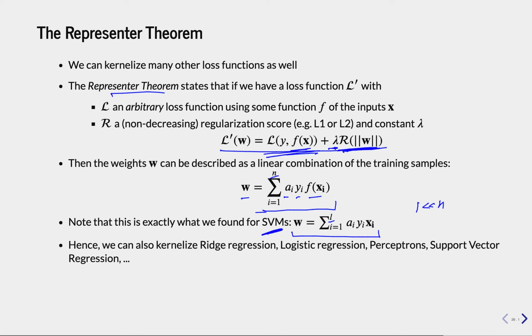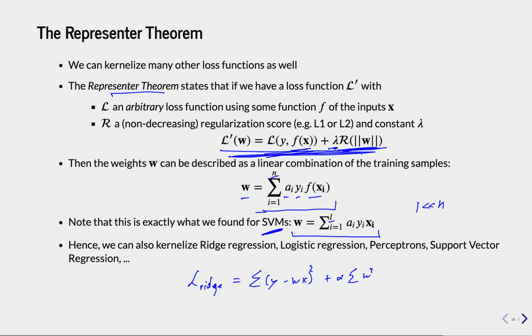The interesting thing is that this loss function here is pretty general, and this also applies to ridge regression. Remember, L ridge was something like the sum over y minus wx, squared, the sum of squared errors, plus the sum of all the weights squared for L2.